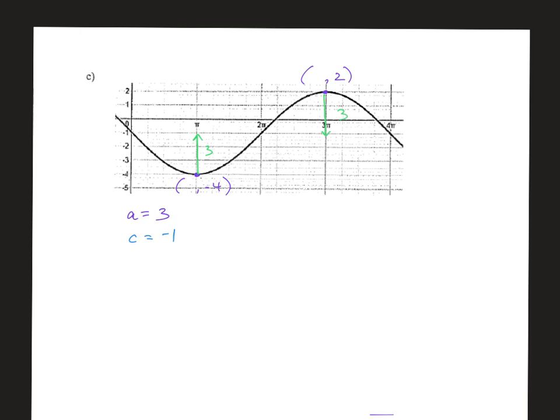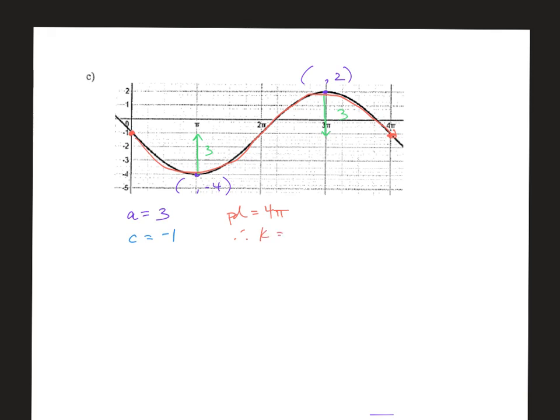I take a look at examining my period. Well, where the middle of the graph I just found was -1, I start at -1, and so as I work my way through and get back to -1, falling, rising, falling, I see that my period is 4 pi. And so maybe pretty quickly, we could then go through and say that your k value, my normal period would be 2 pi.